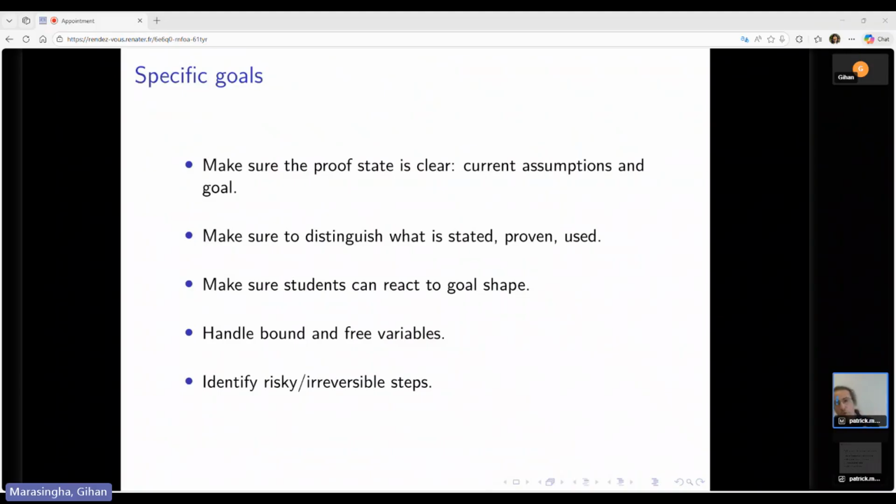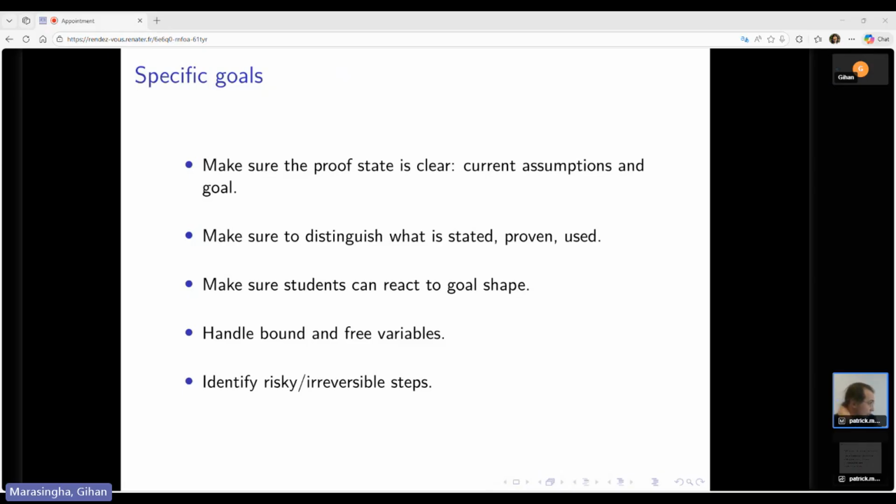I don't know, pawn goes to d4, and you never show a chessboard to students. And of course, a very good chess player can play chess in their head without a chessboard, and in the same way, a mathematician can do mathematics without looking at the proof state. But I want students to learn how to build a proof state in their head, and it's easier if at the beginning Lean shows the proof state.